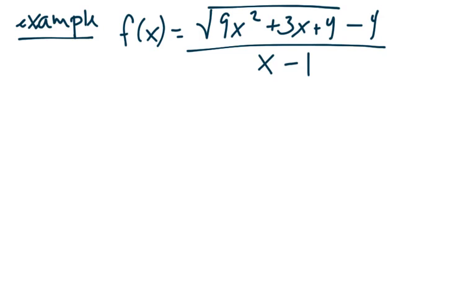But note that in the numerator, the highest power that we see is 9x squared, an x squared. But that x squared occurs under a radical, so the square root of x squared really is like a power of x to the first. So we've got effectively a power of x to the first in the numerator and in the denominator. This is a very similar case to what we just saw.